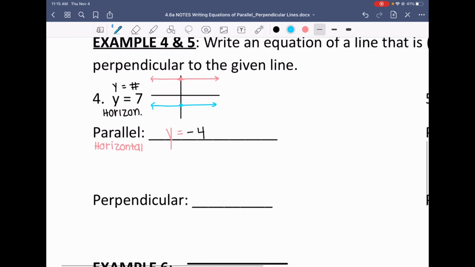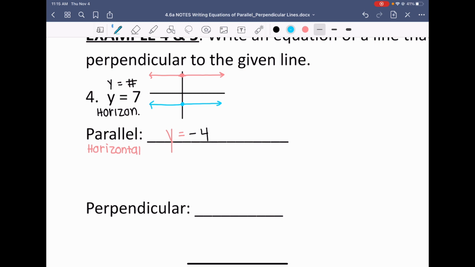Okay, so if I want something that's perpendicular though, perpendicular to a horizontal line would be a vertical line. So something that hits the x-axis. Okay, so if I said x is -3, that means it intercepts the x-axis at -3, but when it intercepts our original line, it creates a right angle.